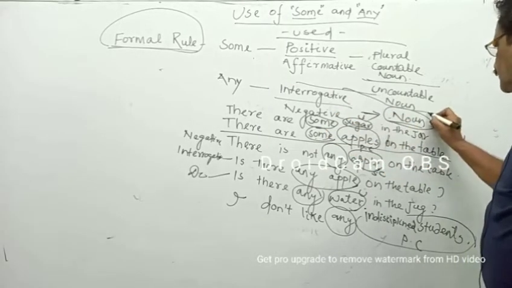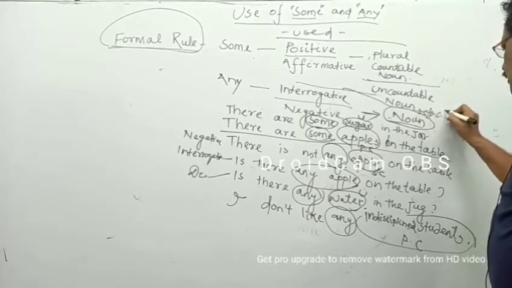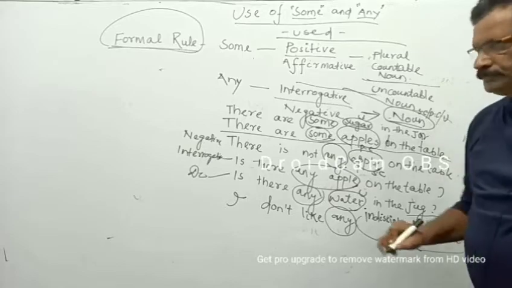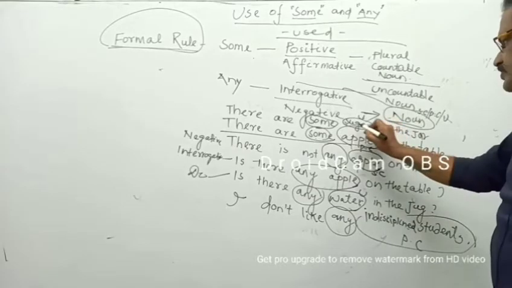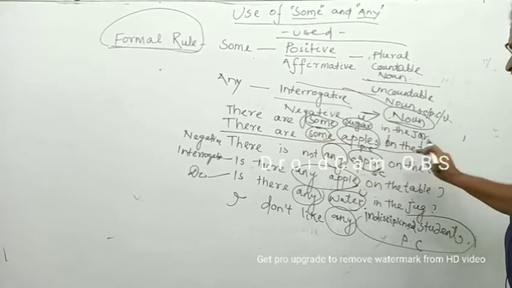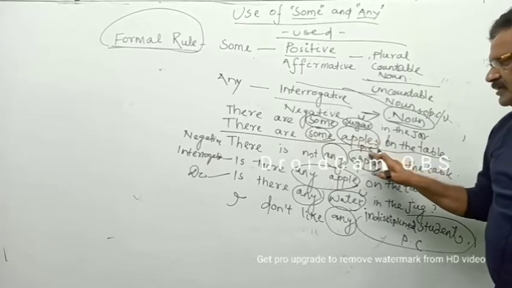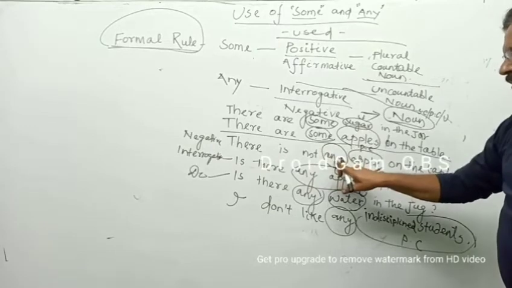It may be singular countable, plural countable, or uncountable. You say, there are some sugar in the jar. Sugar is uncountable. There are some apples on the table. Apples is plural countable.